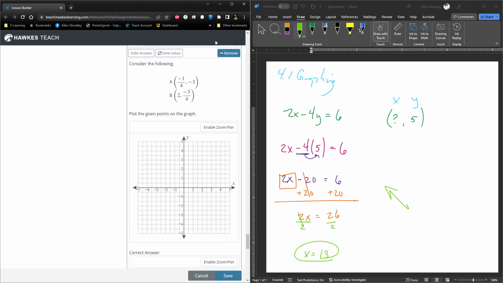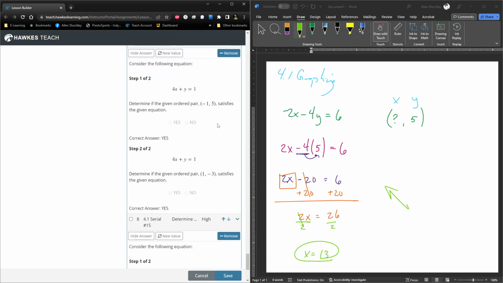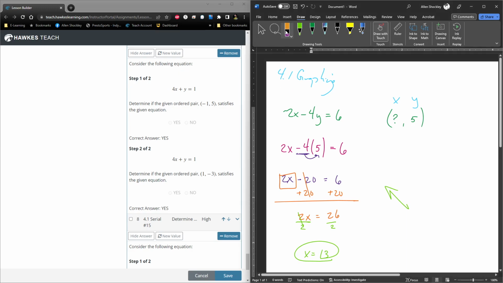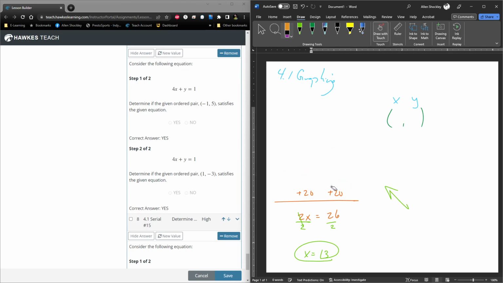This, again, you are doing all of this work, and you're just seeing, does it satisfy the given equation? So let's actually take a look at that one. And get rid of all this. Probably could have just scooted down. It would have been faster. Here we are. All right.